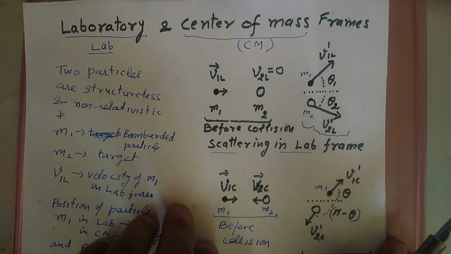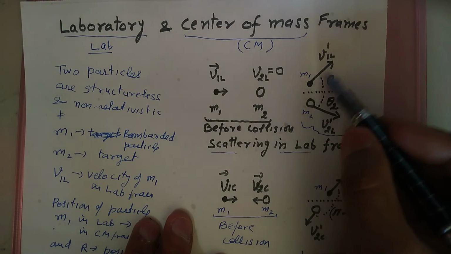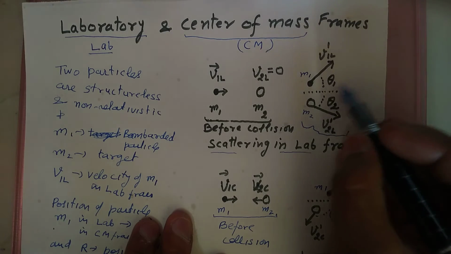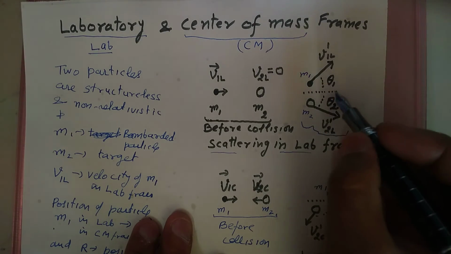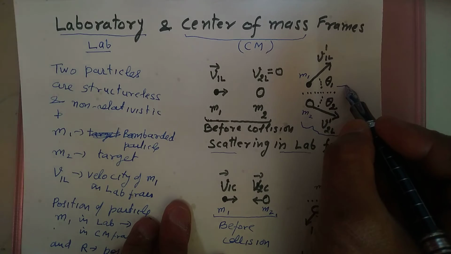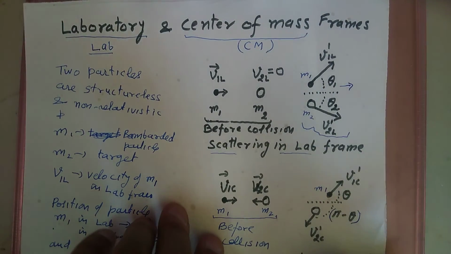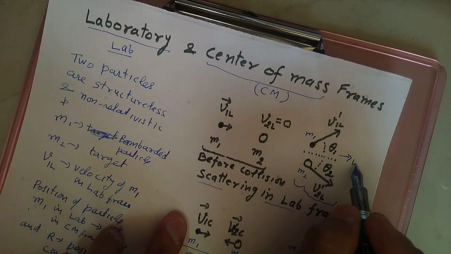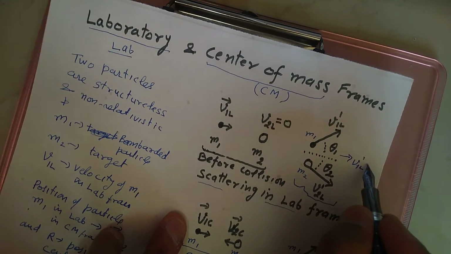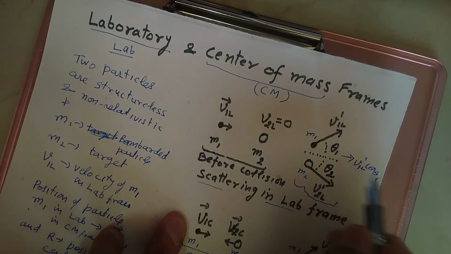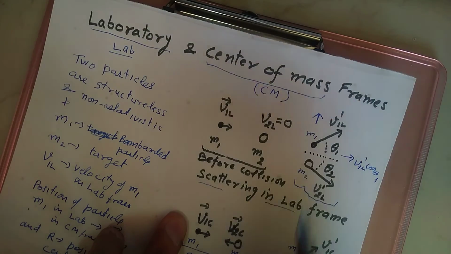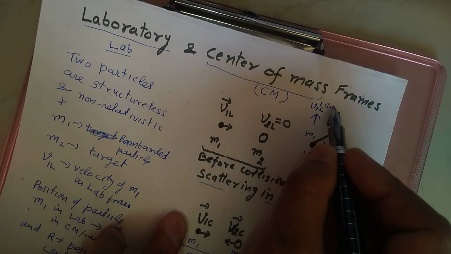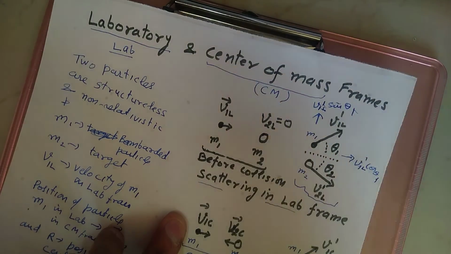And another thing is that here this is the direction, so from here this makes an angle theta. So along this axis we can resolve into two components. Here the velocity component I can write is V1L cos theta 1, and along this is V1L prime sin theta 1.